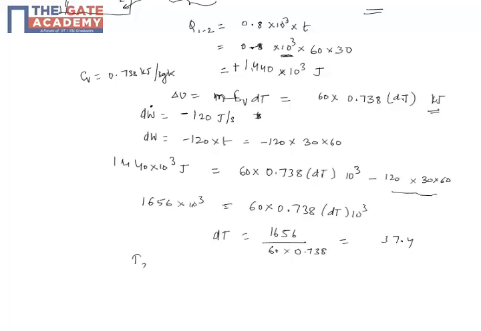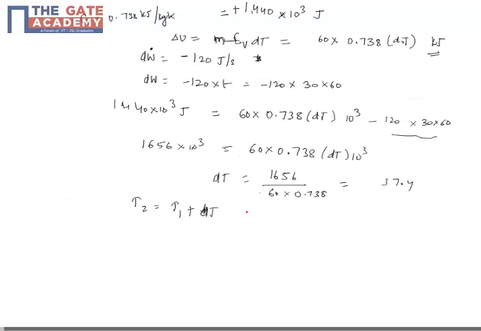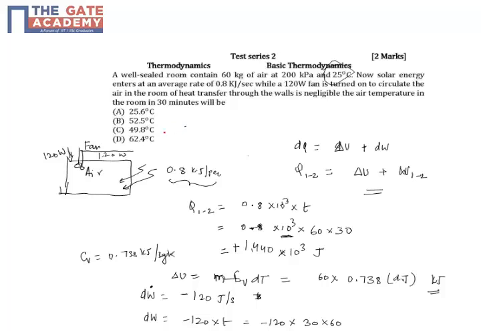The final temperature T2 is T1 plus dT, and T1 is given as 25. So 25 plus 37.4 is 62.4 degrees Celsius. Looking at the options, 62.4, D is the option.